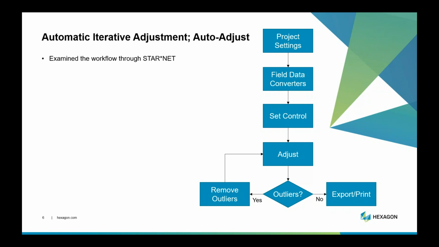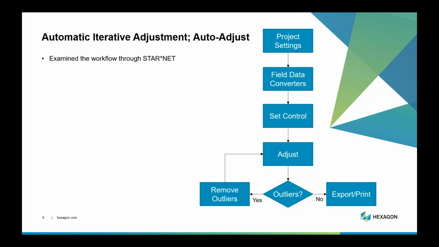One of our other big new features is this auto adjust feature. So it's an automatic iterative adjustment. Starting off with this, I was taking a look at the workflow through StarNet, and you can see on the right side there, where you bring in your data after setting your project settings, you set your control points, adjust it, and then if you have any outliers which don't conform with the rest of your measurements, you have to remove them, adjust, remove any more outliers, adjust, and so on and so forth.